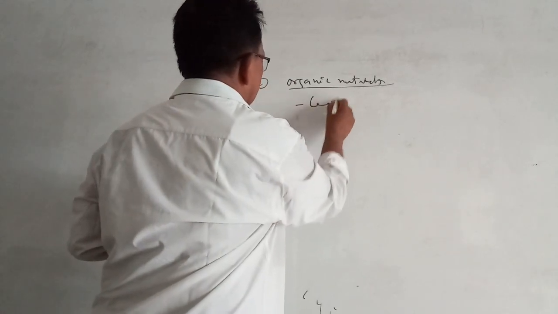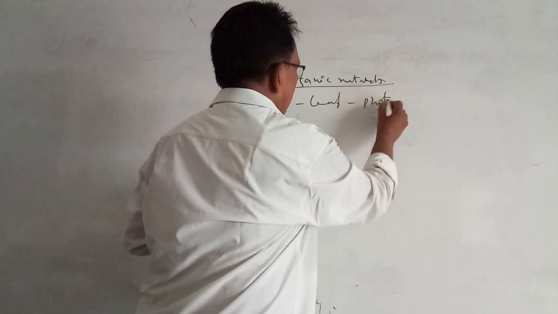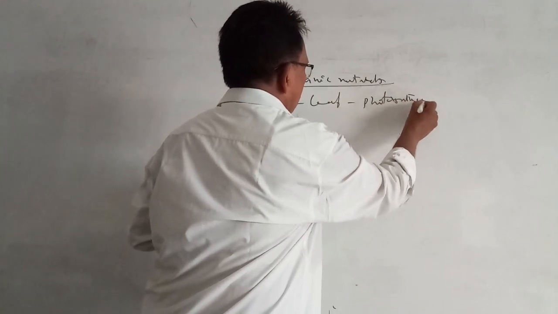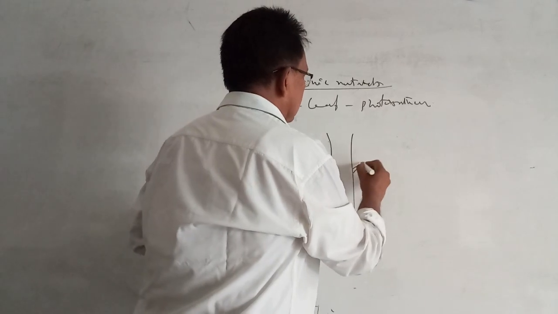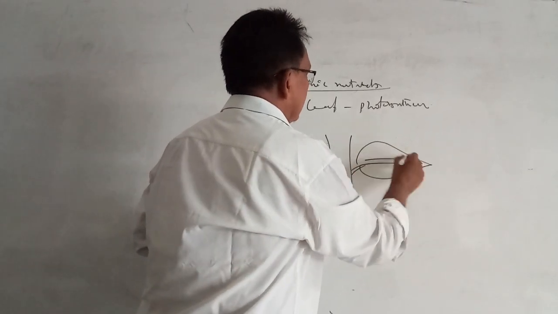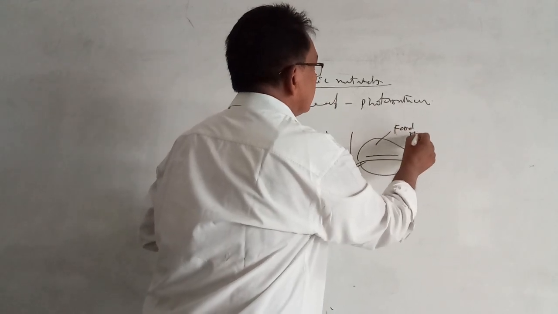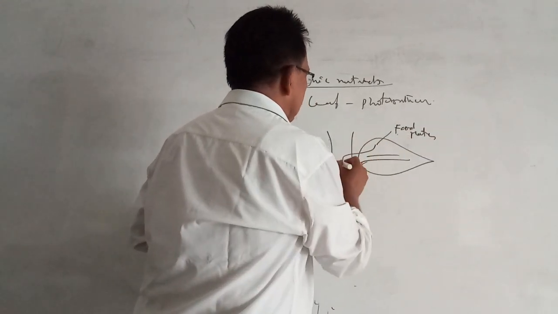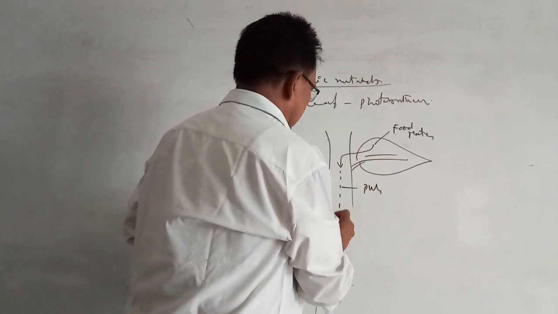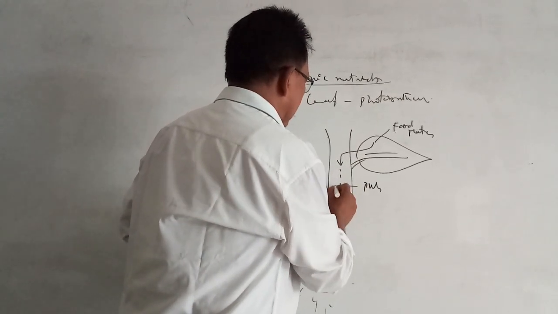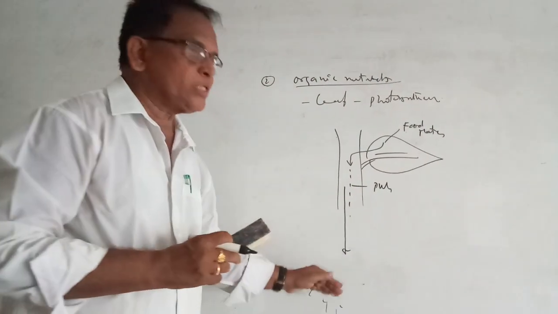These organic nutrients are synthesized in the leaf by means of a process called photosynthesis. Suppose we take a stem, and this is the leaf where the food materials are synthesized. These food materials enter into the phloem, and through this phloem the transport takes place towards the root system.